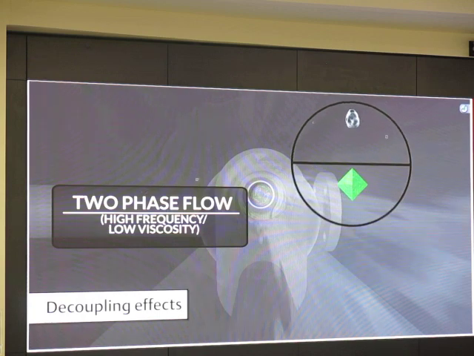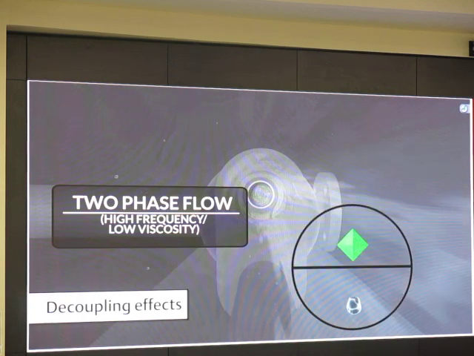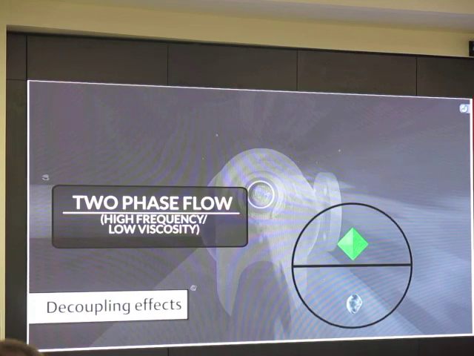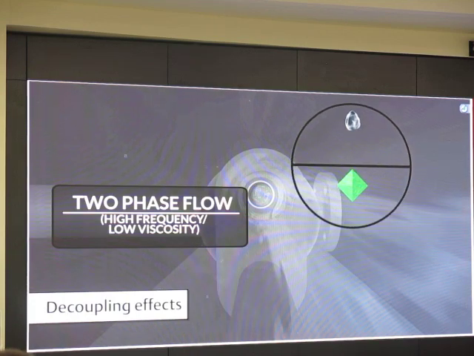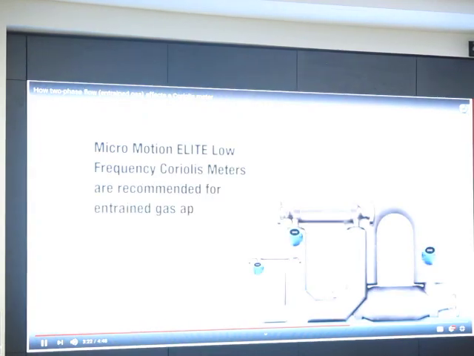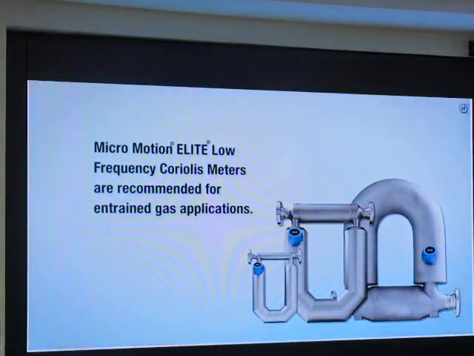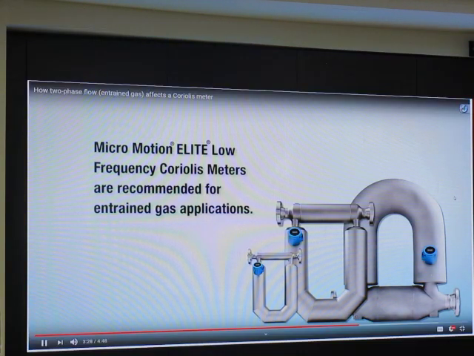In this case, decoupling is the greatest, and the bubble moves further than it could in any other scenario. Therefore, the errors are the greatest. While Micromotion manufactures meters with a range of frequencies from low to high, our low-frequency elite meters are recommended for applications involving entrained gas, as they are usable over a much larger range of gas volume fractions.